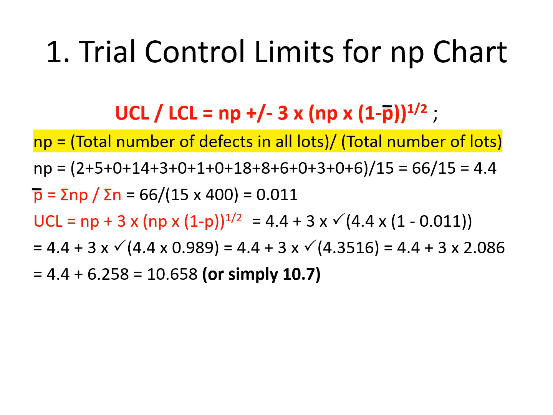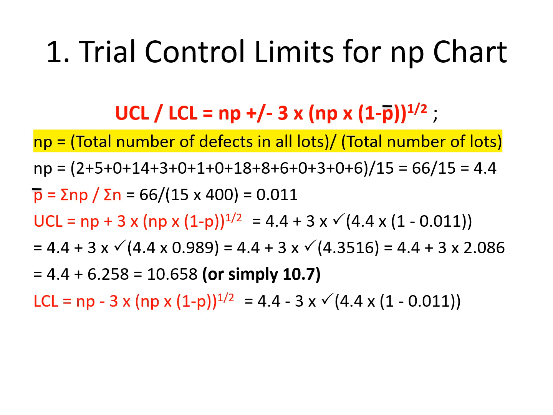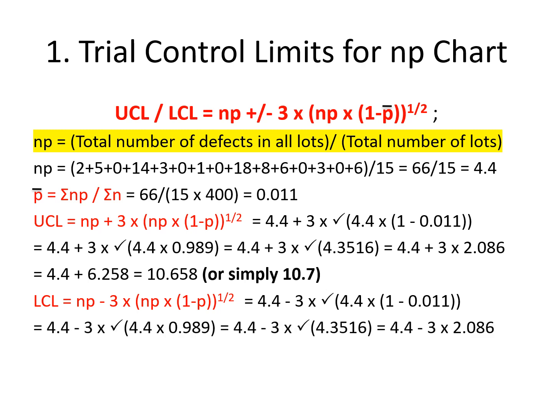So 4.4 plus 6.258 comes to 10.658, or simply 10.7. Similarly, we calculate the lower control limit, which is NP minus 3 times the square root of NP into 1 minus P. That is 4.4 minus 3 times 2.086, and we get the lower control limit as minus 1.858.